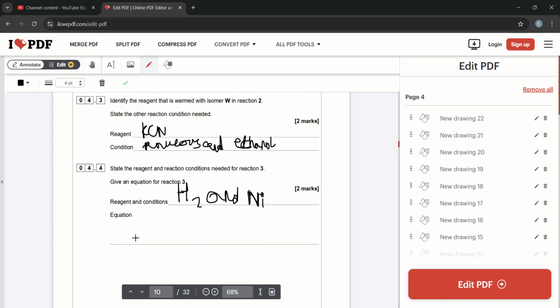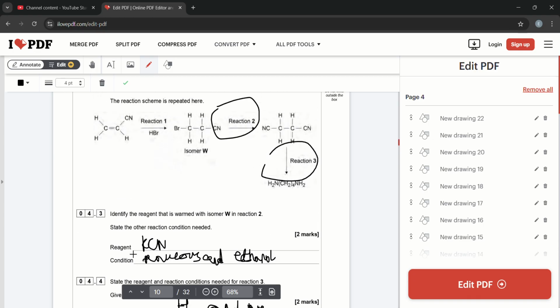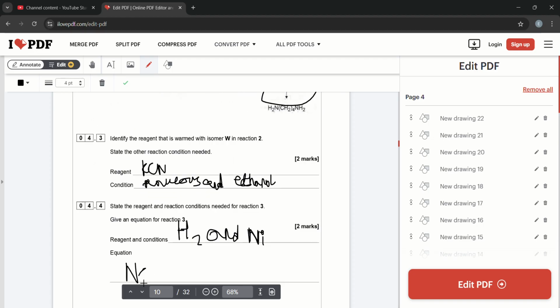And the equation, well, we've got NC CH2 CH2 CN. And what we're adding is hydrogen gas, and we're forming, well, we already know what we're forming.